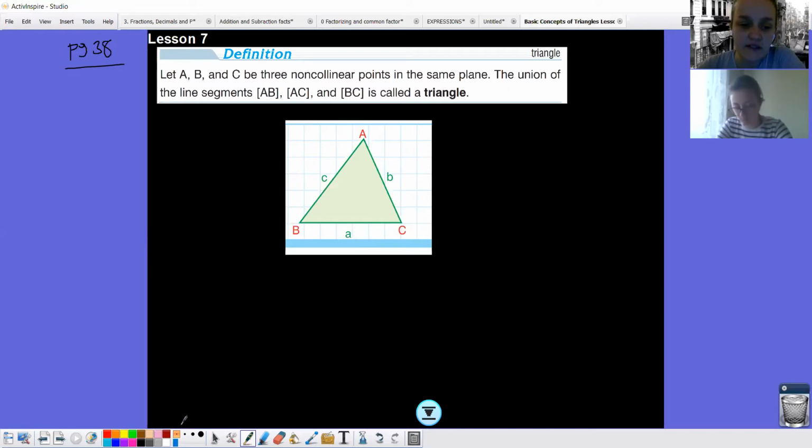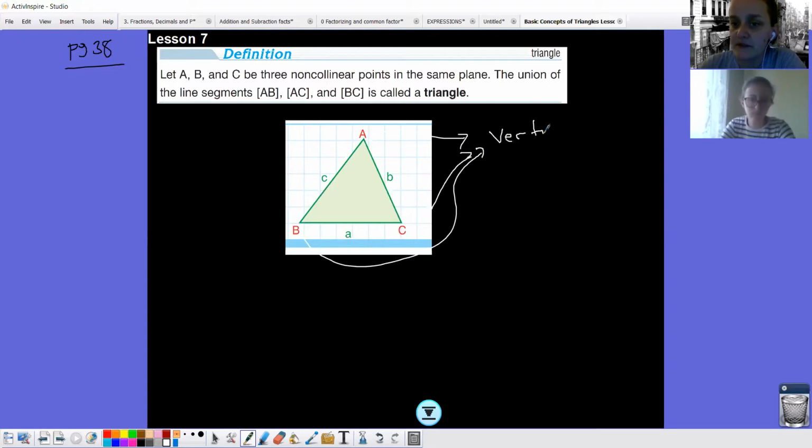We call these points vertices. One of them is a vertex, and the plural form is vertices. And the sides, as you know.